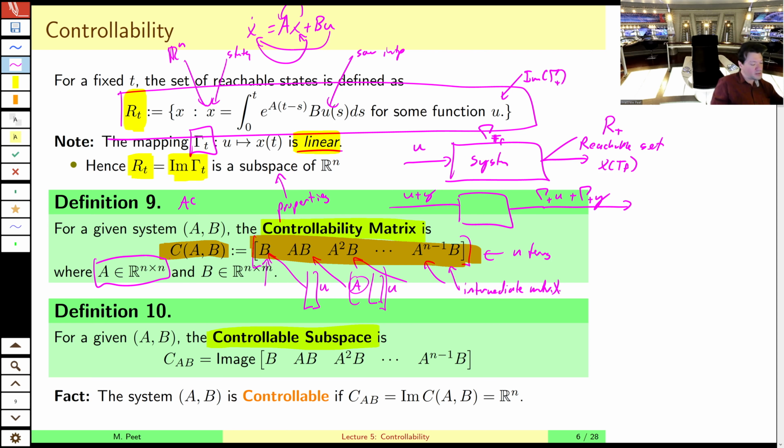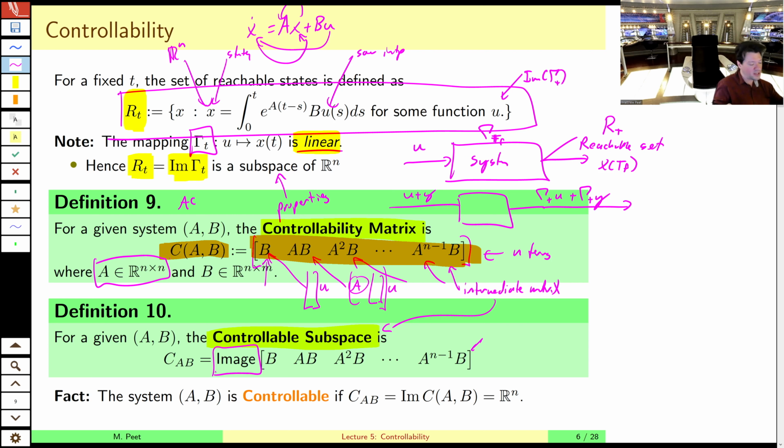Okay. So that's all good. So that's a matrix. No properties of the matrix yet, no vector spaces or anything. So now what we do is we take that intermediate matrix and we define an intermediate vector space, which is the image of that matrix.